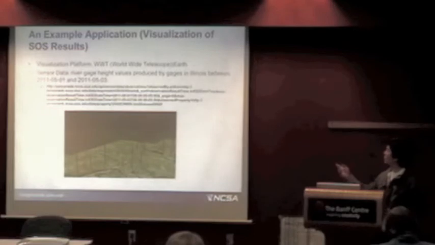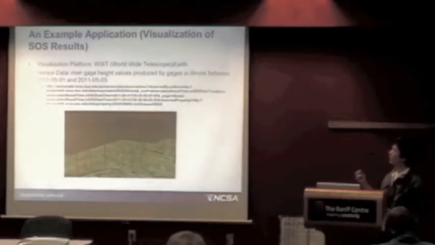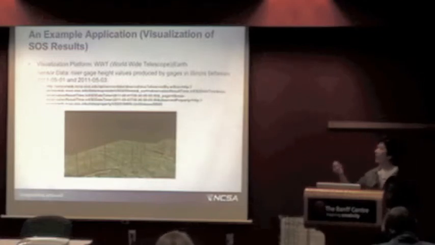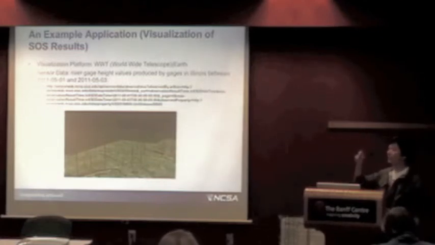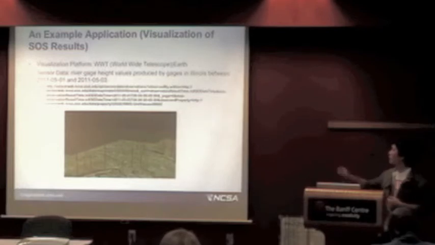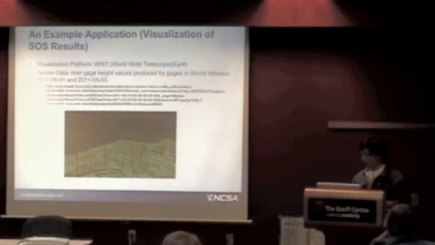So in this visualization, we use the CSV and use the Excel plugin to visualize this data. It is an animation because this data is streaming data. The URL we can see is very long because we have a lot of parameters to specify the time and observed property. Then we got this animation. It's a snapshot.